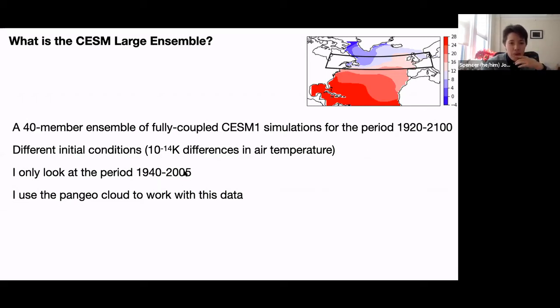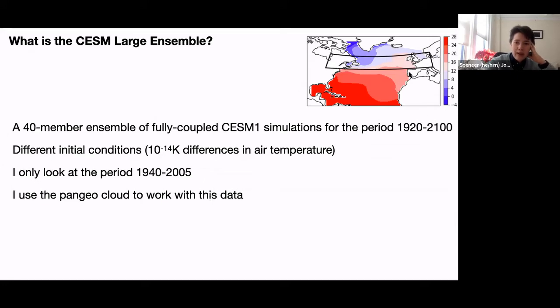I only look at the period between 1940 and 2005, partly because I want to eliminate any initial transient effects from the different initial conditions, but also because I picked this period to be more like the historical period, and then I use the Pangeo cloud to work with this data.